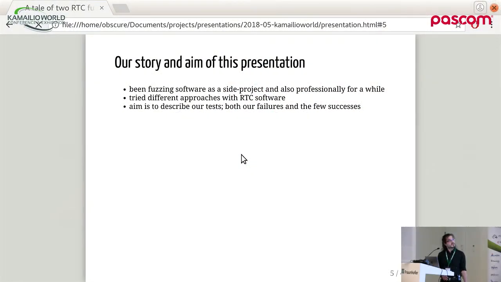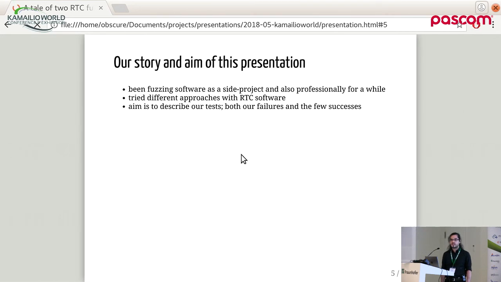So why present this? Well, I personally have been doing fuzzing for quite a while for other stuff, like email systems, for a large number of years, but haven't seen a lot of fuzzing being done with RTC.